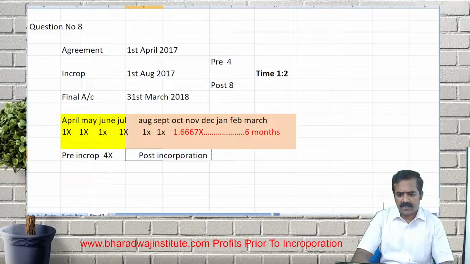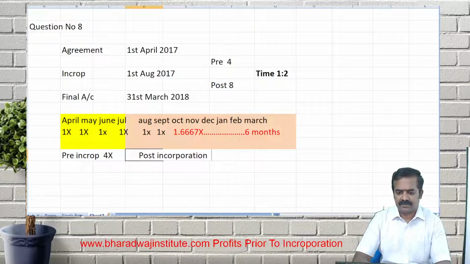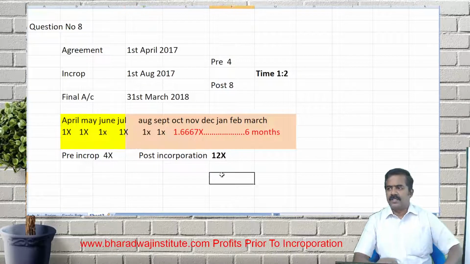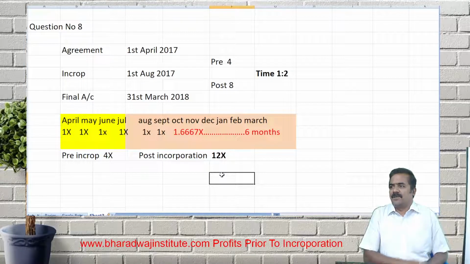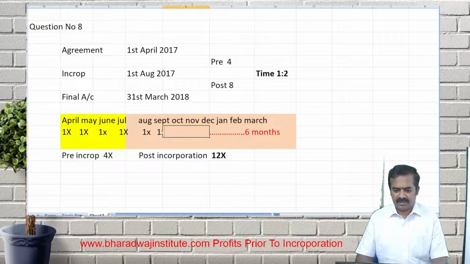That will not come exactly as 9.96, so take 5/3. 5/3 into 6 is 10, plus 2 is 12x. So 4x and 12x, just like that 1:3.